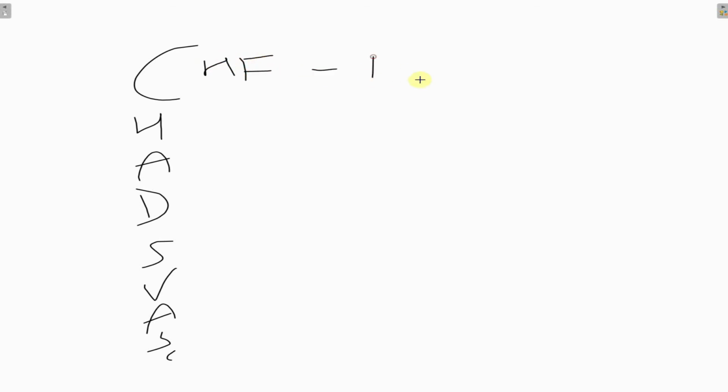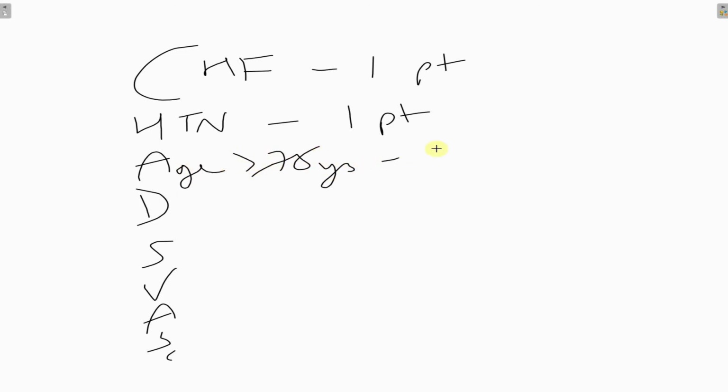That gives 1 point. H is for hypertension. That gives 1 point. A is for age, more than or equal to 75 years. That gives 2 points, because the older the patient is, especially over that elderly bridge of 75, the more at risk they are of getting an arrhythmia or irregular heartbeat.